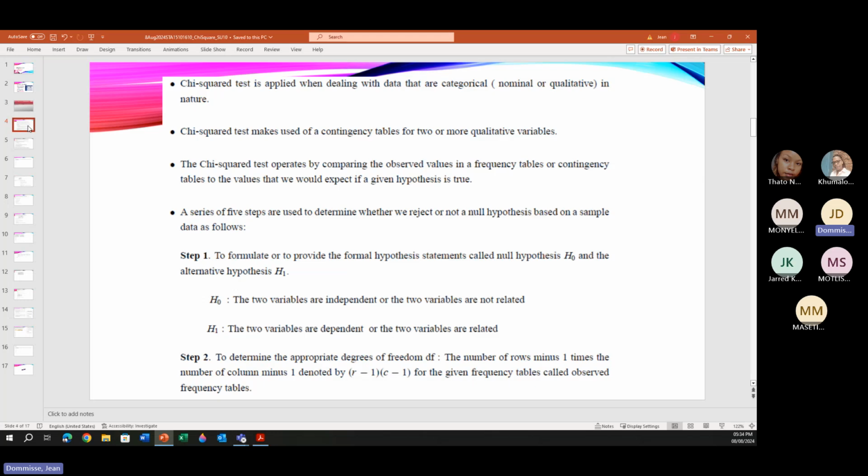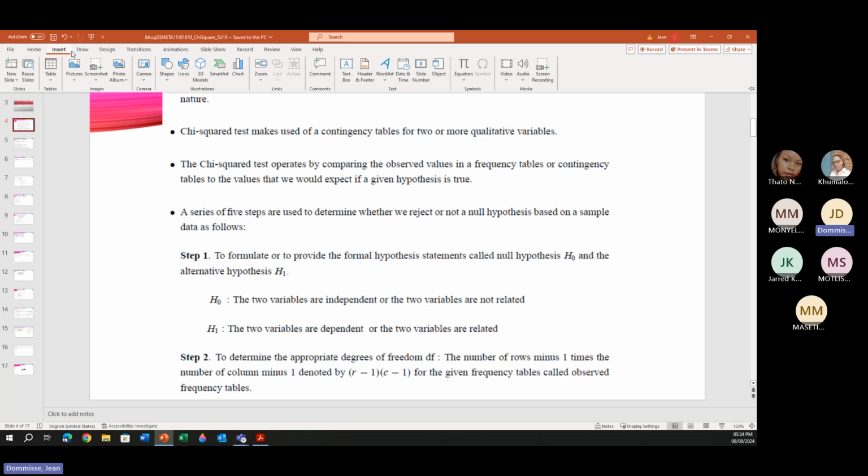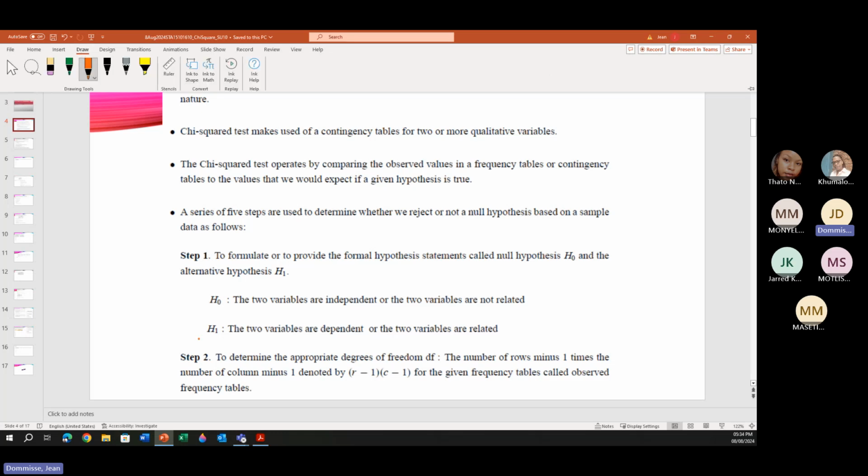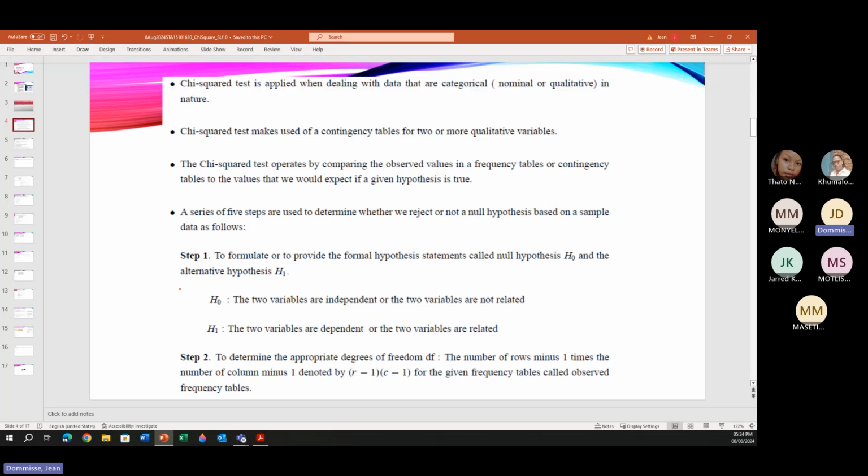Okay, so chi-square, there are a few differences compared to the hypothesis testing we did in study unit 9. With chi-square, because we look at two variables, the null hypothesis and the alternative hypothesis will always be the same.